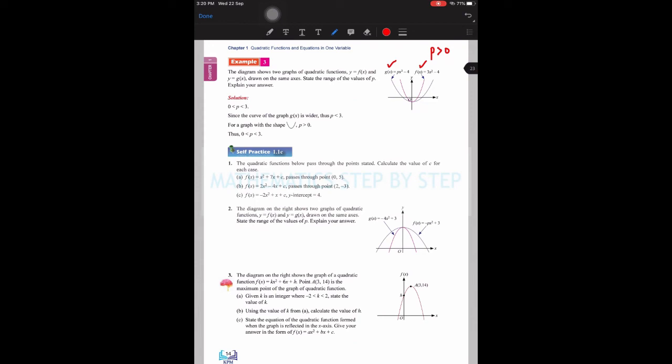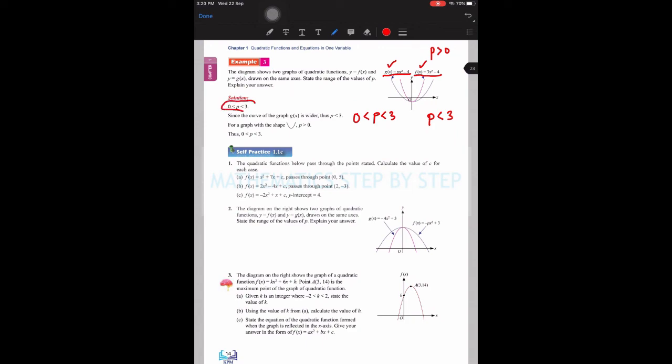And we can see that f(x) equals 3x squared minus 4 is narrower compared to g(x), okay? So we know that p is actually less than 3 because g(x) is a wider graph in this case, okay? So we know that the range of p is p less than 3 and greater than 0, okay?